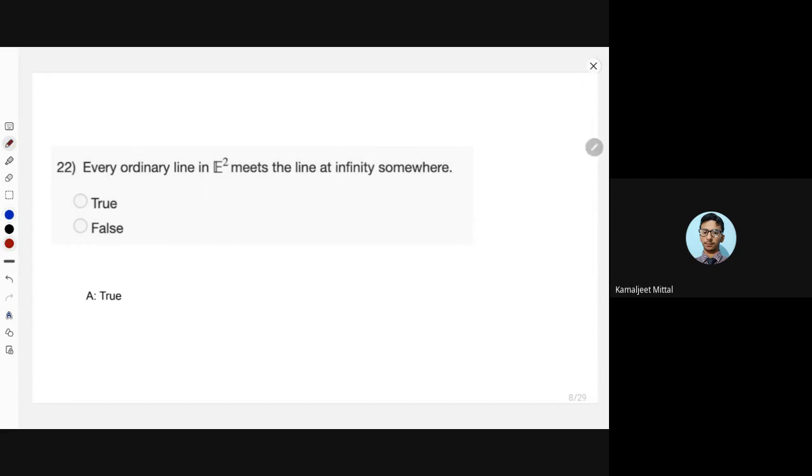This question is very simple: if I take any line in P2, then it meets the line at infinity somewhere. The answer is true, but can anyone come up with an explanation? The explanation is simple; I've already told you multiple times.